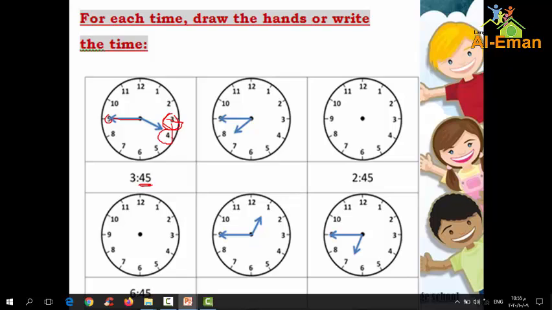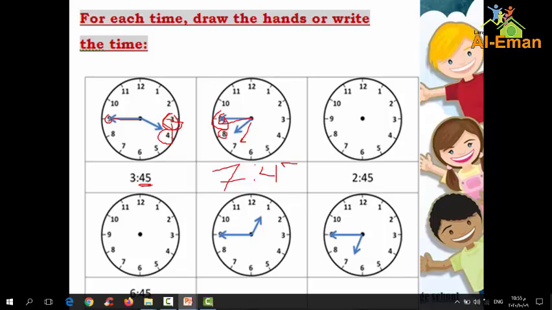Okay, the second one, short hand points to 8 and the long hand points to 9. In digital clock we will write what? So I will take 7 in hour, so 7 in hour, and 45 in minutes.